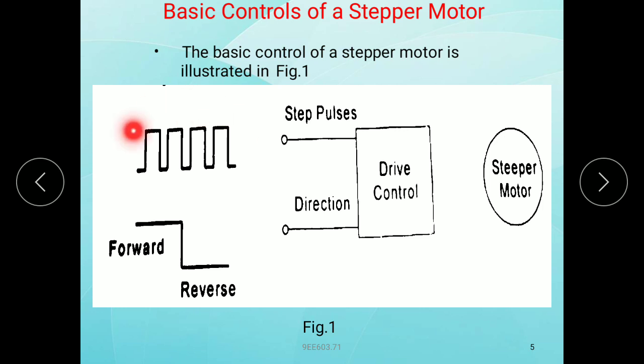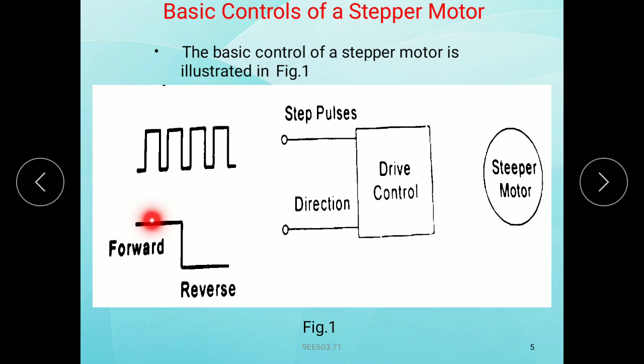Here these are the pulses. What are the pulses? Electrical step pulses, input pulses for this terminal. And this is also an input. This is for forward direction, this is for reverse direction.